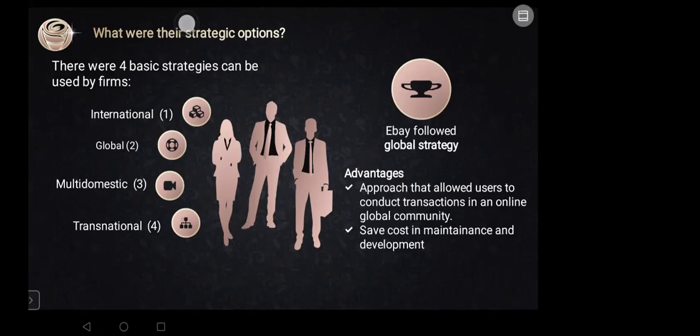A transnational approach will also allow eBay to retain central control in the US and enable local management in each of its markets. It would therefore allow eBay to share knowledge among its various worldwide holdings.